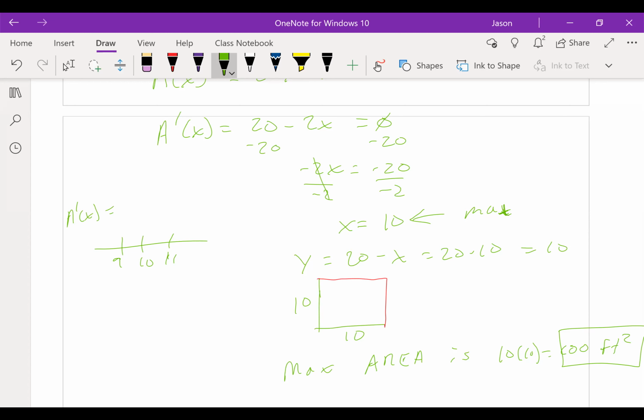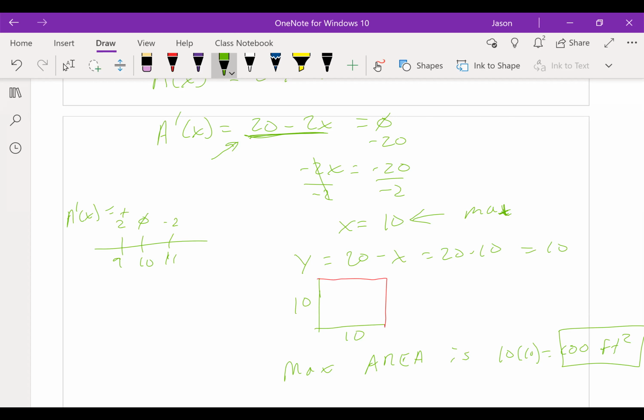At 10 it's 0, right? That's the whole idea: if I plug in 10 for x, I get 0. Now I want to know what happens at 9 and what happens at 11. If I plug in 9, that's 20 minus 2x, so 9 gives positive 2, and then at 11, 20 minus 22, that's negative 2.